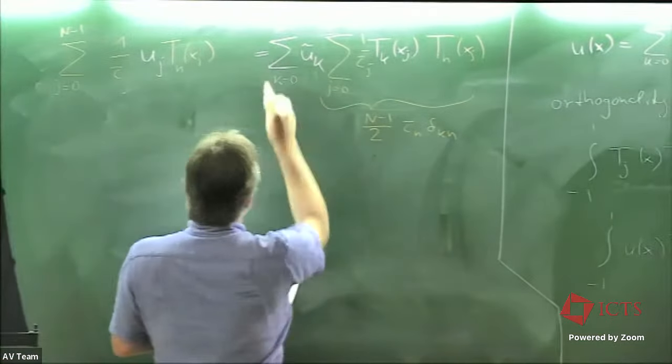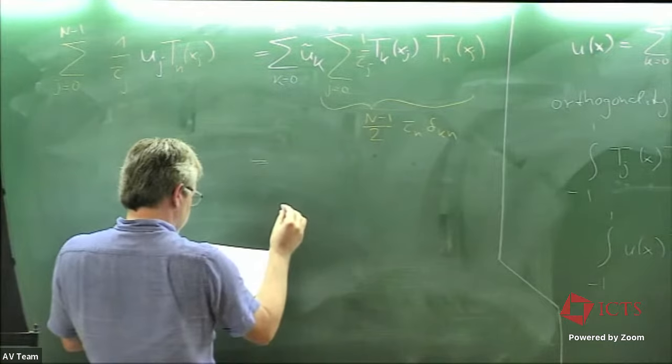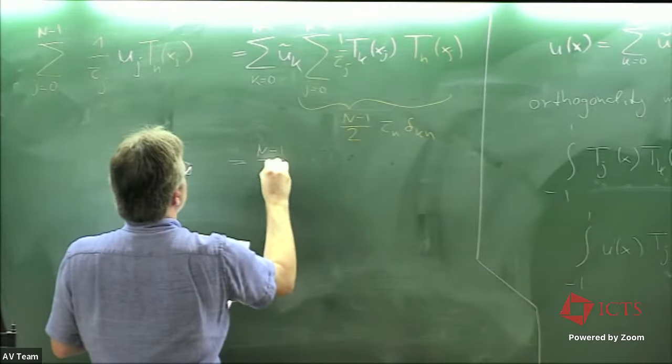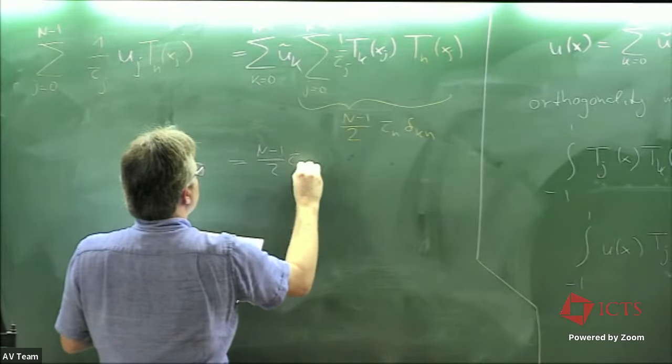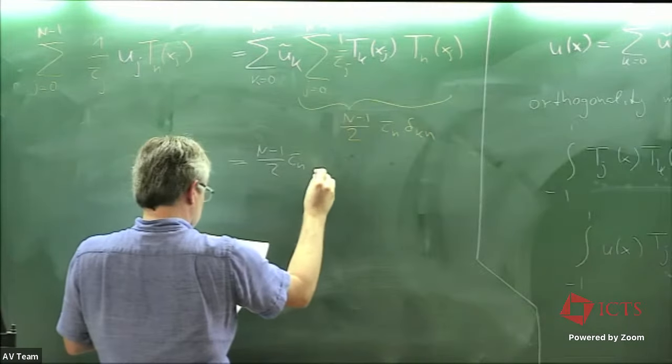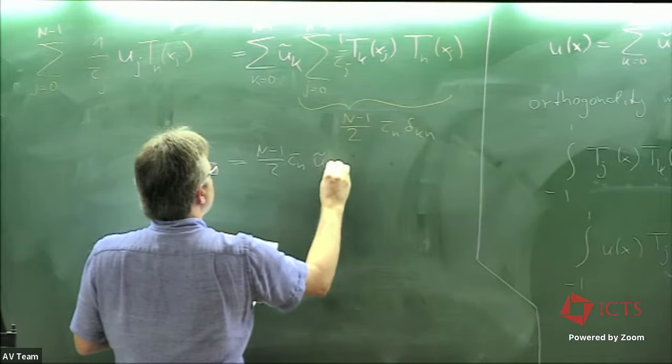And you can continue this line here, and what comes out of here is n minus 1 over 2 c bar_n u tilde_n.